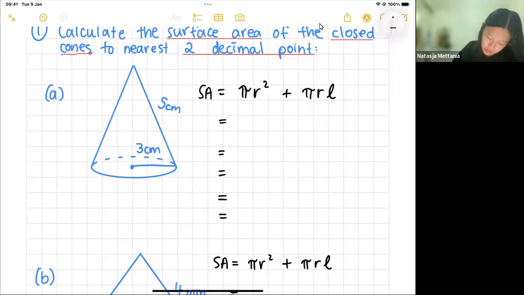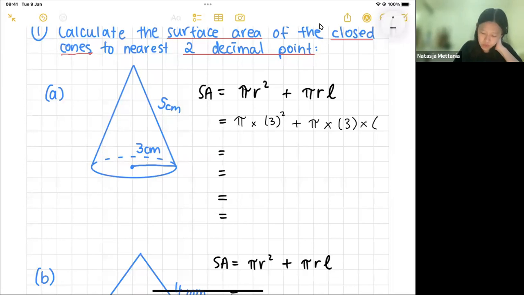If pi r squared is hard for you, break it down. Pi times radius, and our radius was 3. Let's substitute that in: pi times 3 squared, plus pi times r, which was 3 again, times our slant height, which was 5.